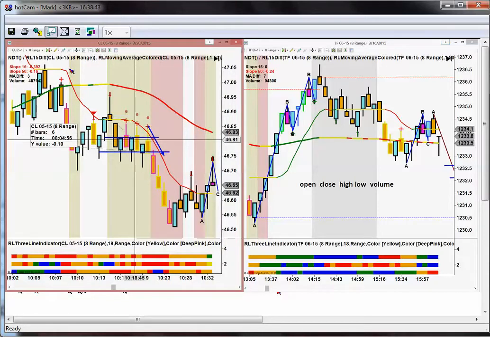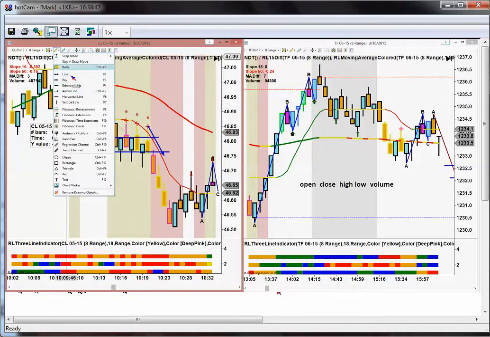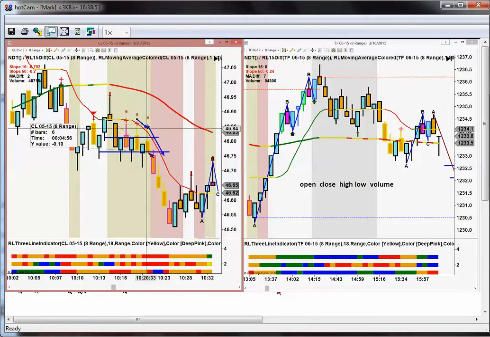I mean, from the period here to the period here, price has only moved 10 ticks, which is very little. This is an 8 range chart, but for some reason, this moving average has rolled over and come all the way down on sideways price action.